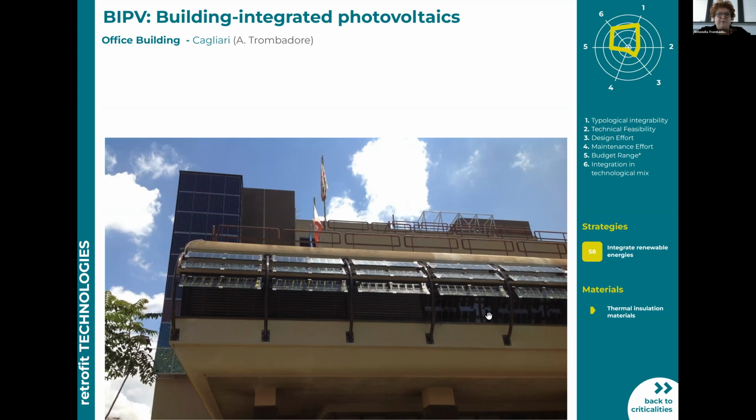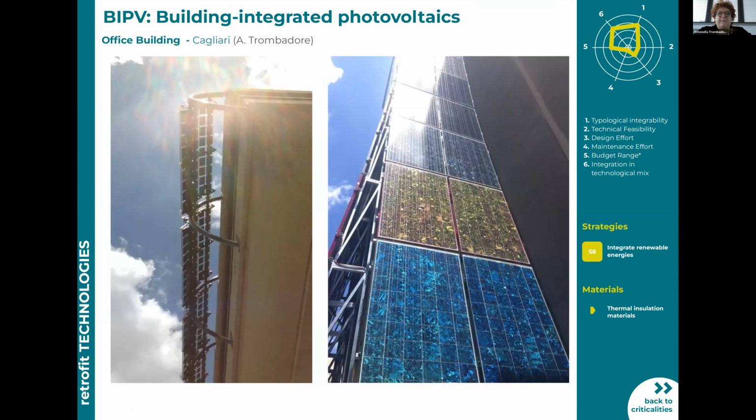It is now an old project because it was 10 years ago, but I think it is still best practice. This is the vision of the integration of the photovoltaic, the difference of integration near the windows of the office space and the integration in the opaque wall of the stairs and the lift.